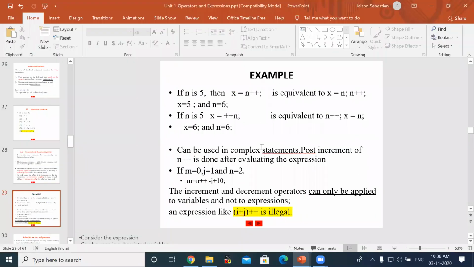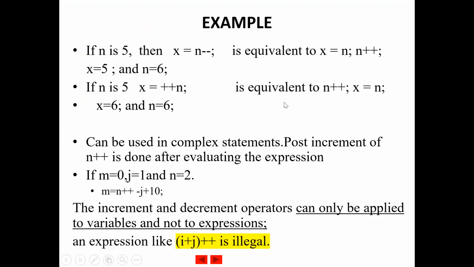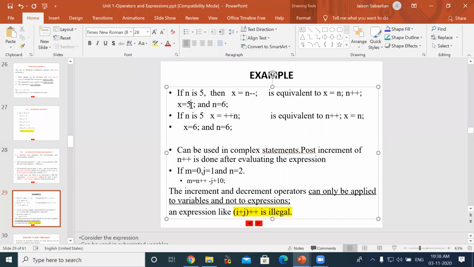If I give n minus minus instead of n plus plus, what will be the value of x and n? Here you can see, in the first example, this is post. All can answer in the chat box.